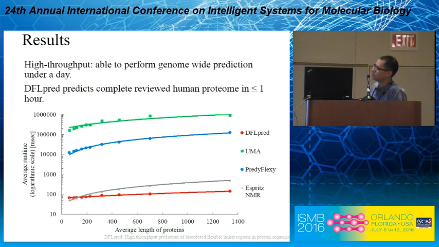So this method, the DFLpred, can be considered a high throughput method, which means it is able to perform genome-wide prediction in under a day. In fact, this predictor can complete the prediction of the complete human proteome in just under 1 hour. This is one big advantage of our method.